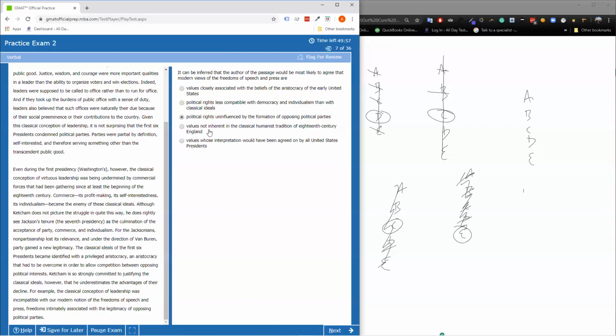freedoms intimately associated with the legitimacy of... So I don't think he says that that's not inherent in these parties. He's more saying the guys afterwards did more to serve it.